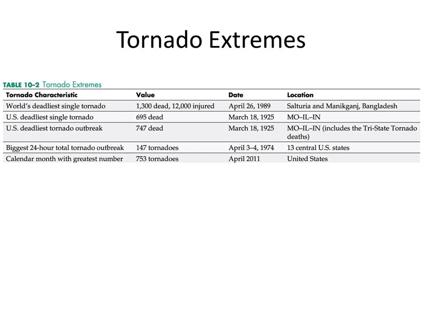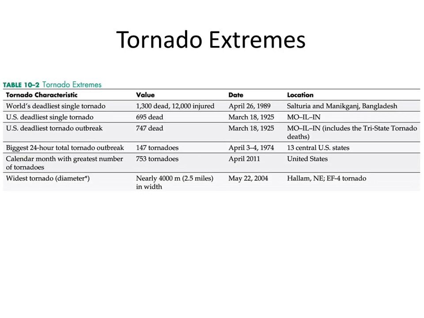The biggest 24-hour outbreak spawned 147 tornadoes. That's a crazy chunk of unstable air giving multiple thunderstorm cells, and those cells spawning tornadoes. The widest one is 2.5 miles. Usually they don't go that wide, but that's pretty wide.